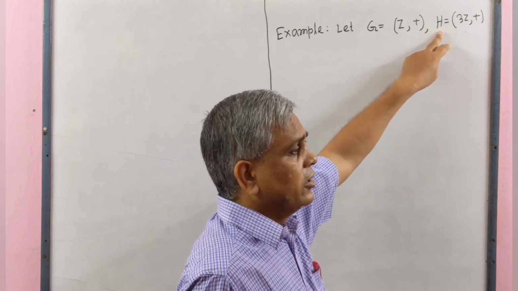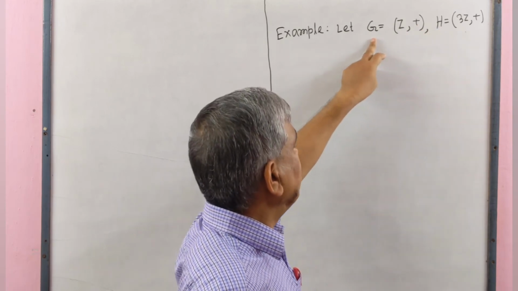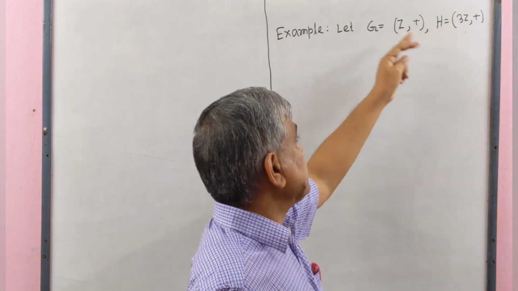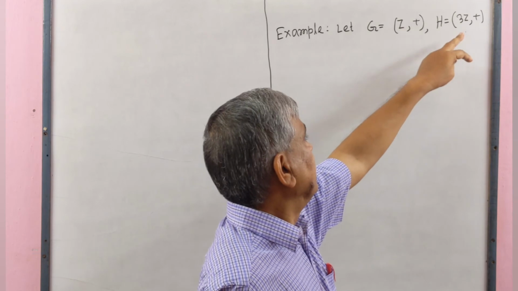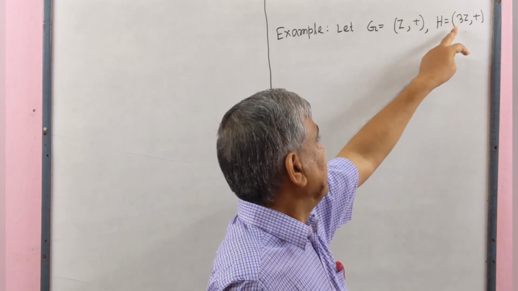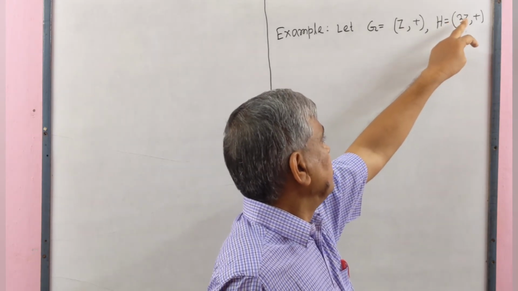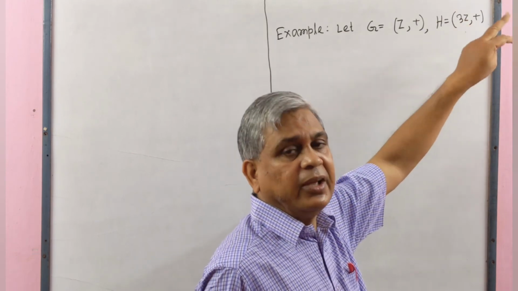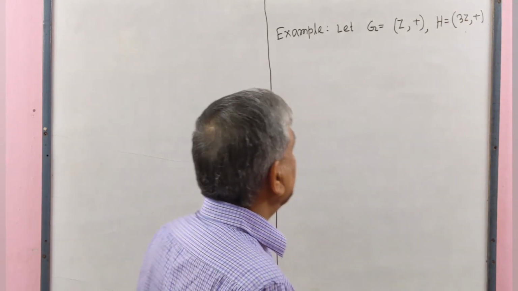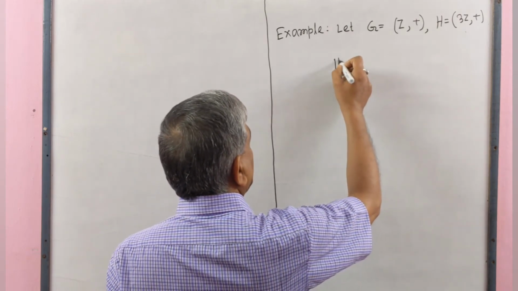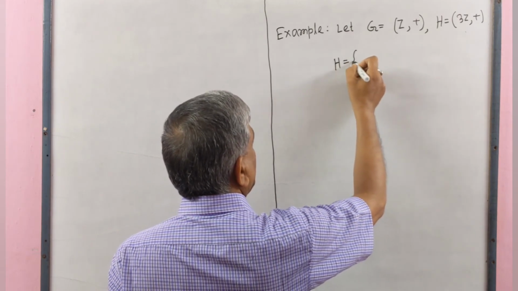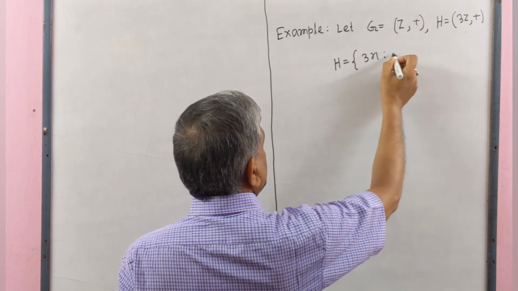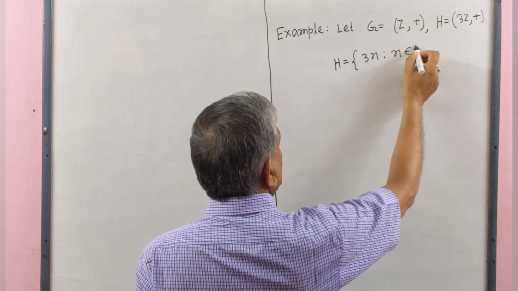H is a subset of G and H is also a subgroup of G such that H equal to 3Z with binary operation addition. We may write H as 3n such that n belongs to Z.